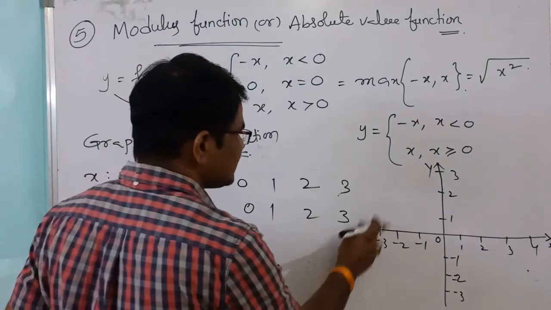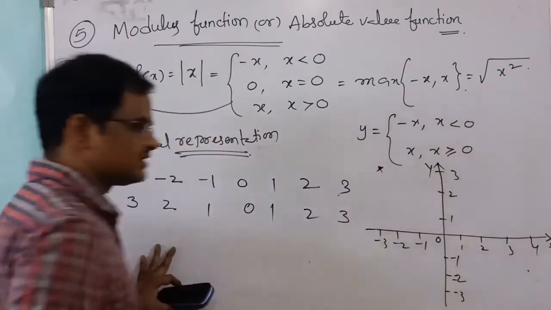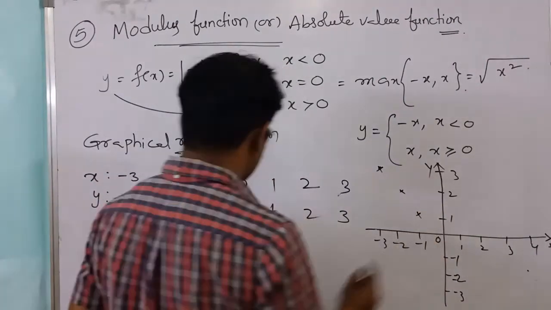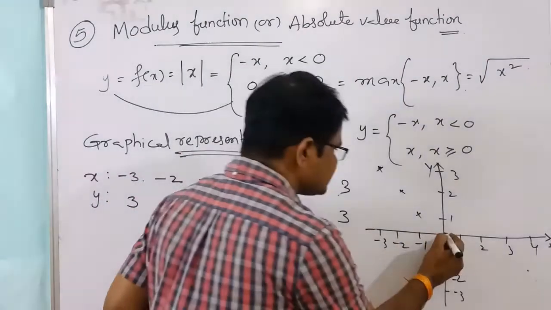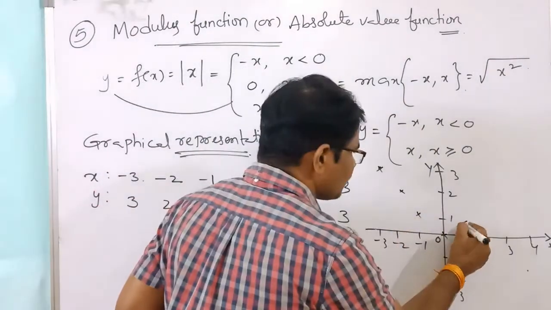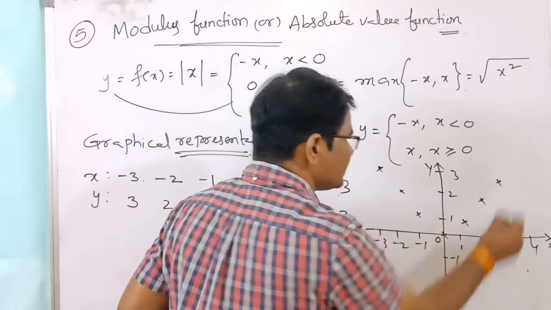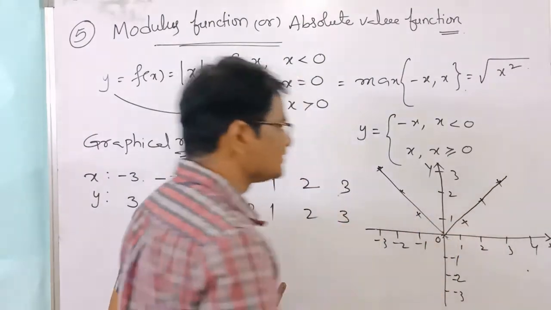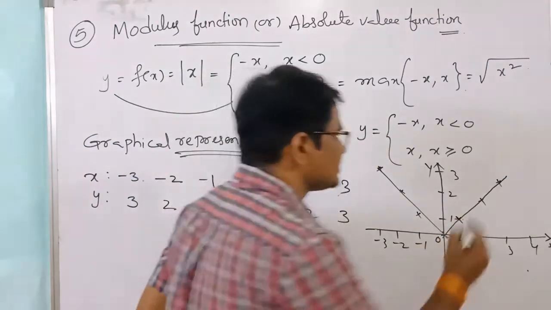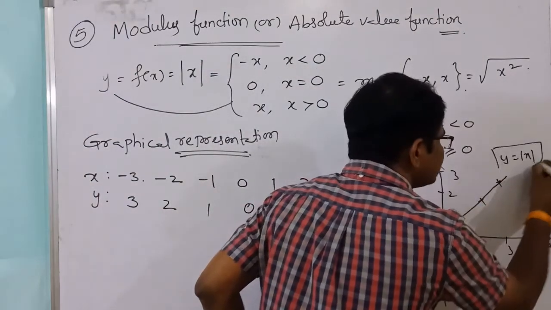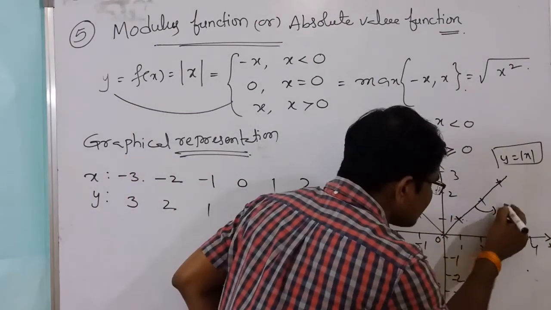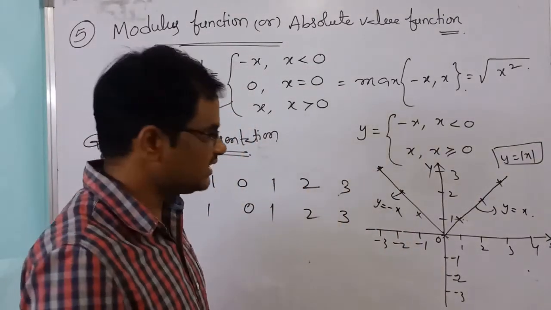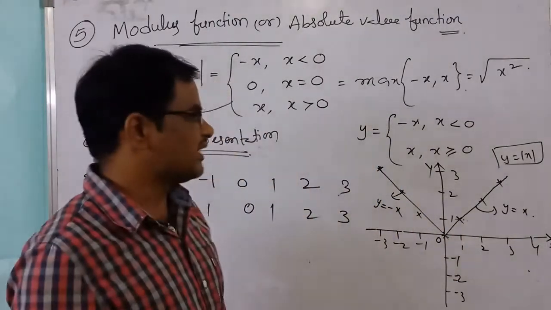X value is minus 2, Y value is plus 2. X value is minus 1, Y value is plus 1. And 0, 0 is the origin. Then 1, 1. Next 2, 2. Next 3, 3. If you join all these points, like this you will get. Right? Now this is the graph of y equal to modulus x. Especially this is the y equal to x branch and this is the y equal to minus x branch.